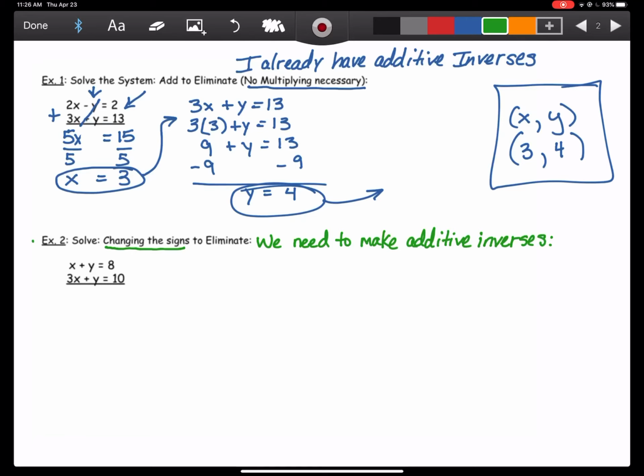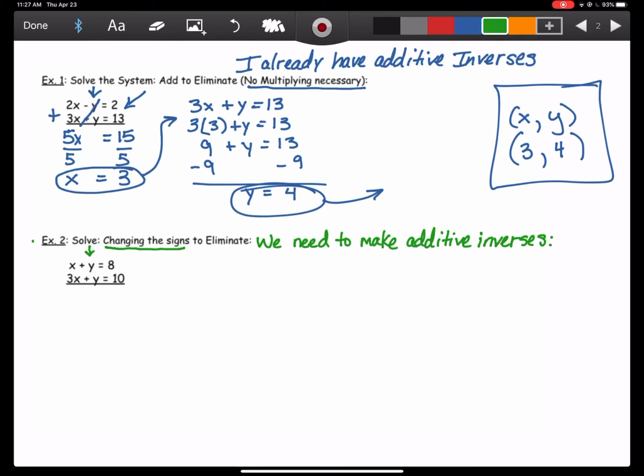So let's take a look at this. Would it be easy to make the x column into additive inverses? Well, I could. I could multiply the top equation by what number? Negative 3, hopefully is what you thought. Okay, and that would give me negative 3x and positive 3x. That is a possibility. Or let's take a look at the y column.